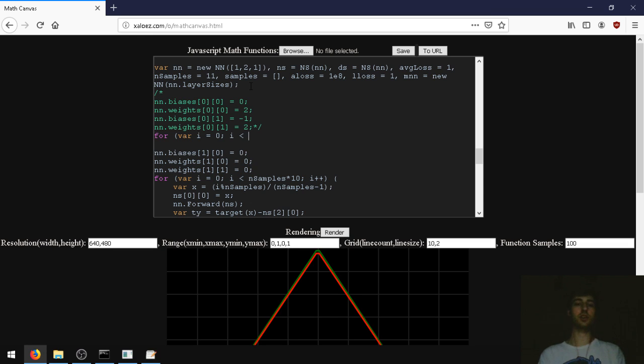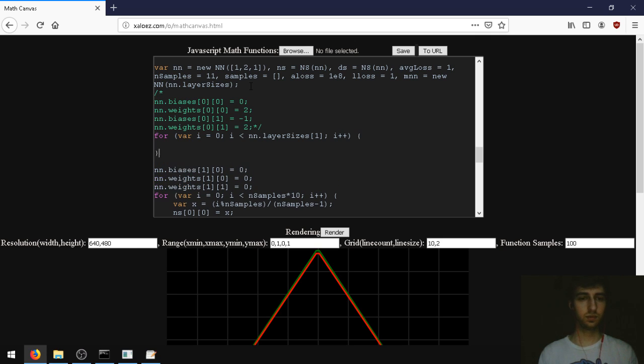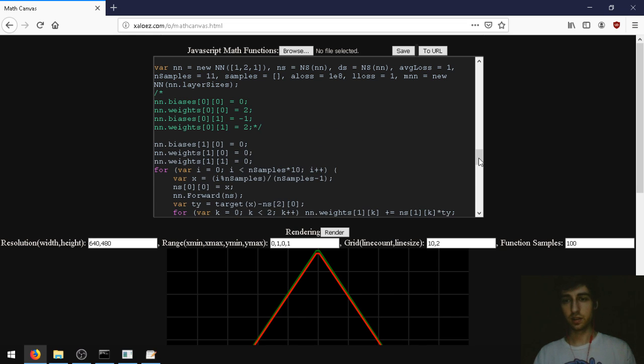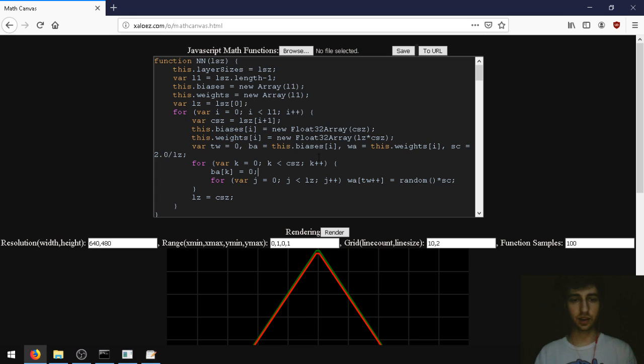But what I'm going to do is I'm going to initialize the hidden layer now. Actually, I should initialize it right here.